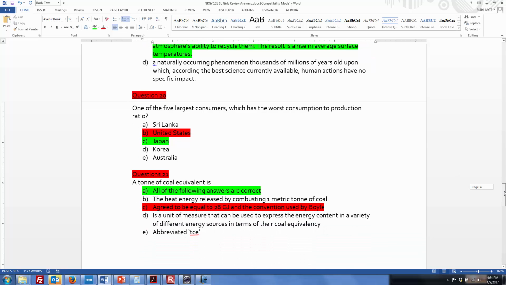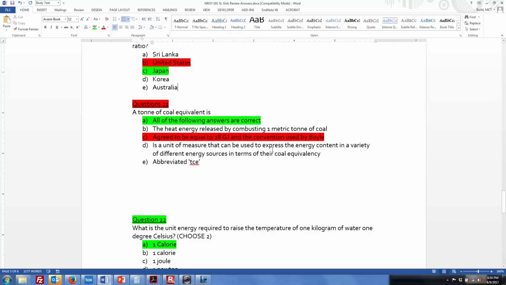Okay, question 21. A ton of coal. Again, this is the same as our oil.